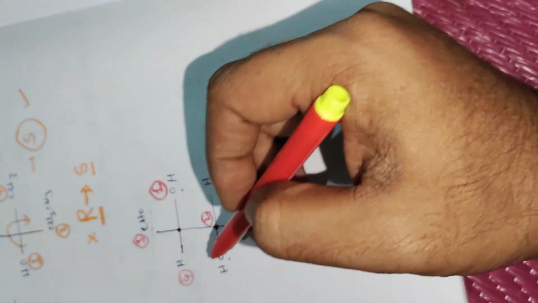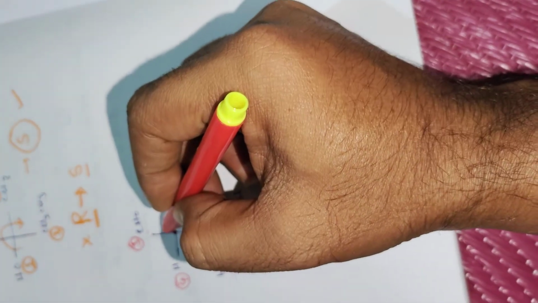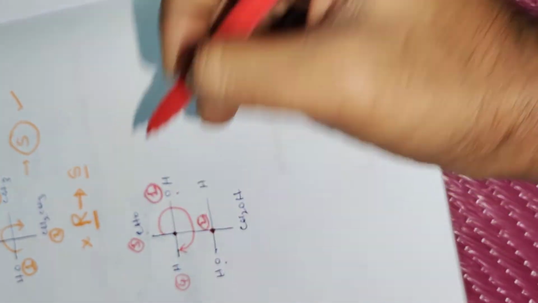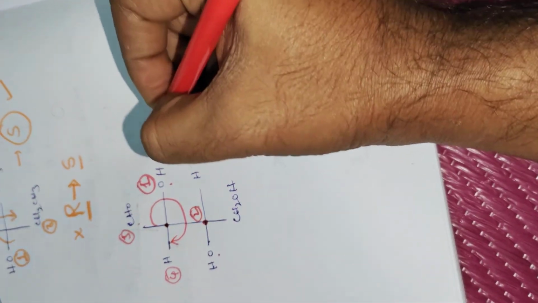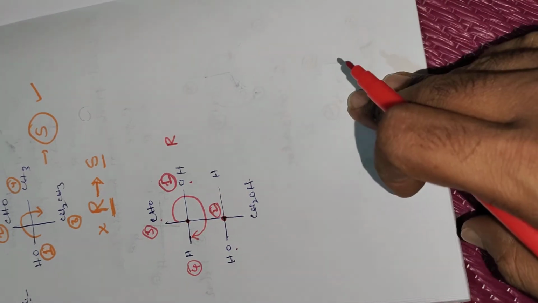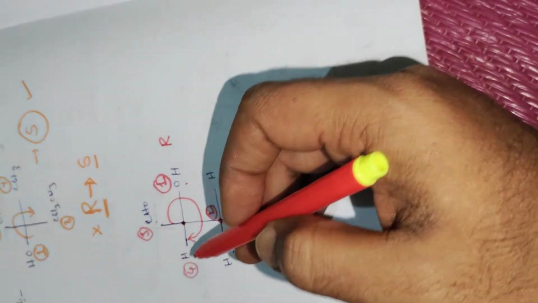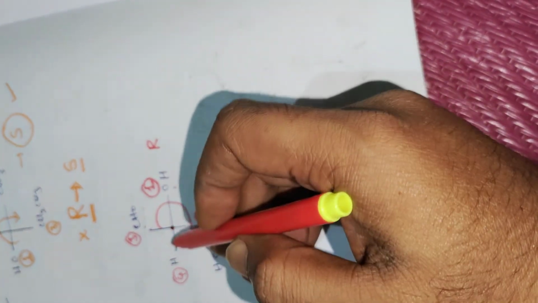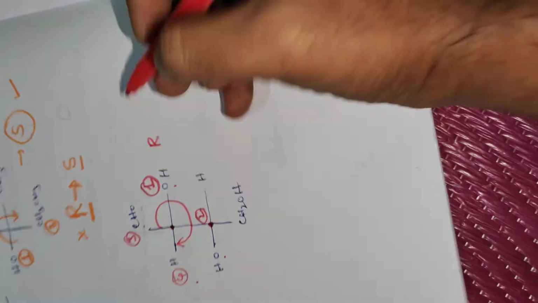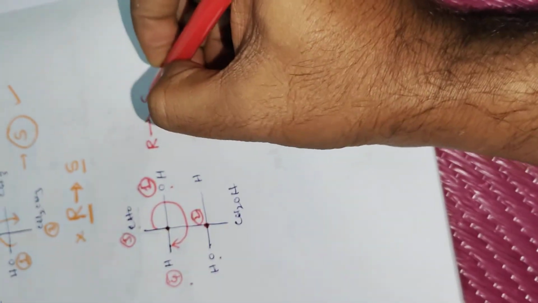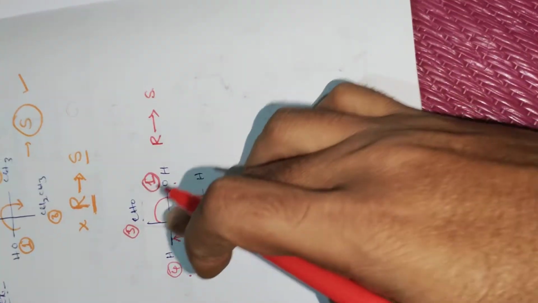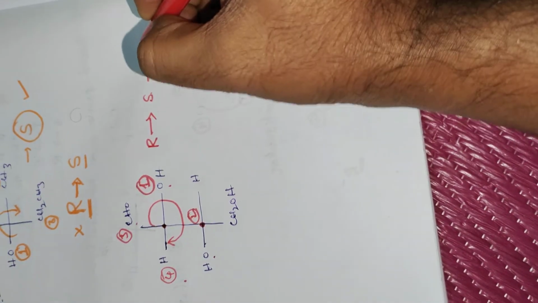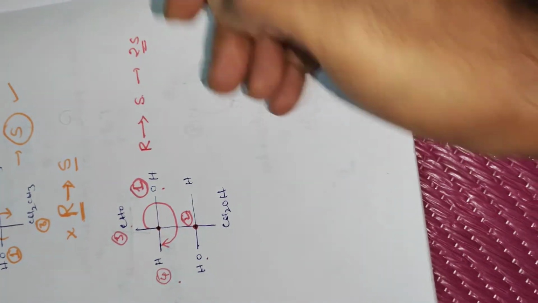Now 1 2 3 like this, the direction is clockwise. Whether it is R or S configuration, since the fourth priority group is present on the horizontal line, the configuration changes into S configuration. So for the second carbon we get S configuration, that means 2S.